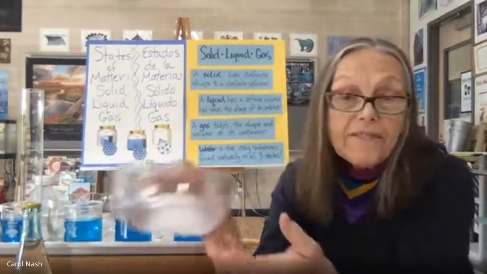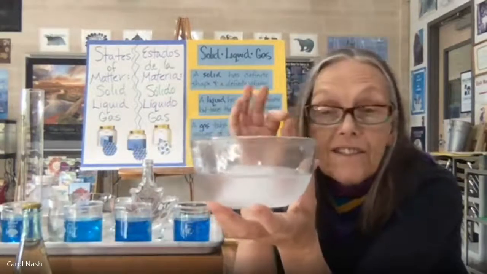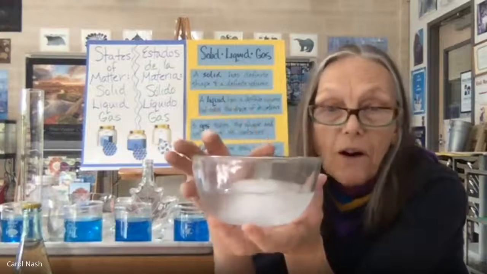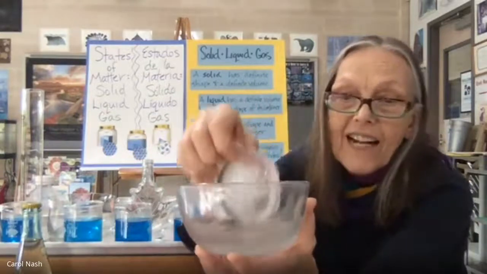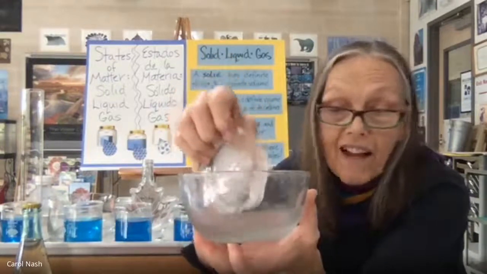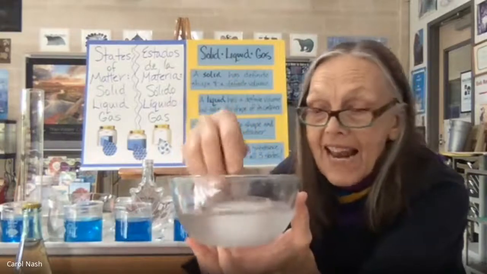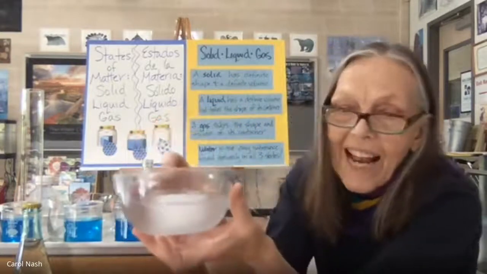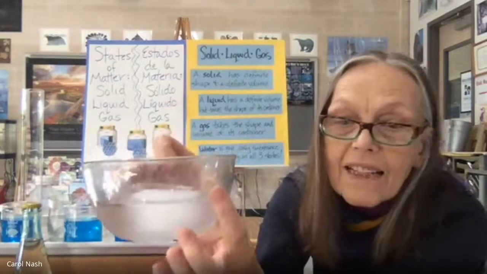Now, the only substance that we find commonly on our planet in all three states naturally is water. So we can have ice, a solid, and with some heat in this classroom, it's begun to melt. And then, as this bowl sat there, something began to happen on the outside.